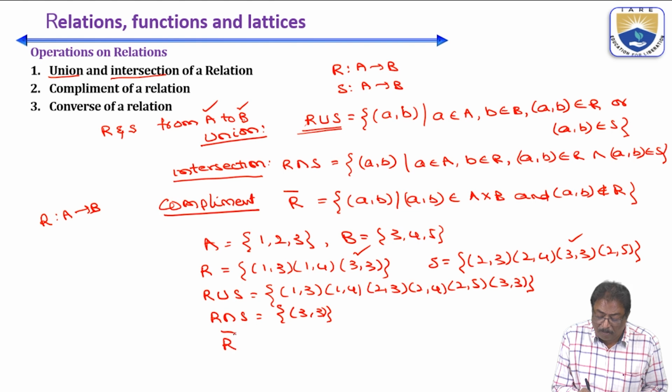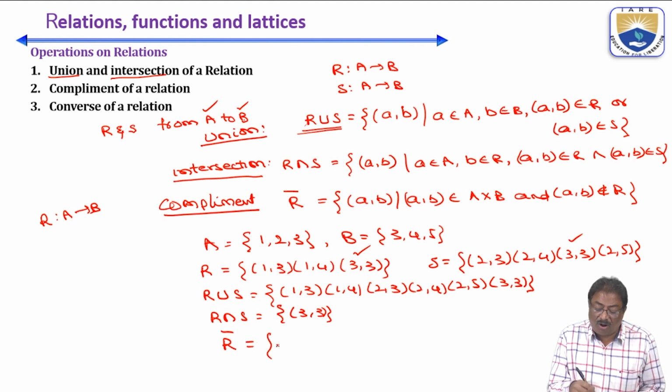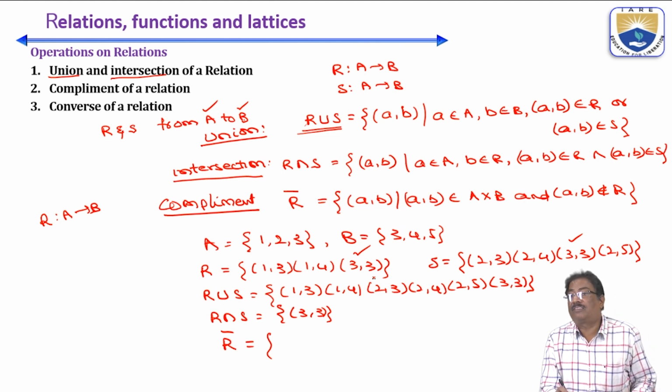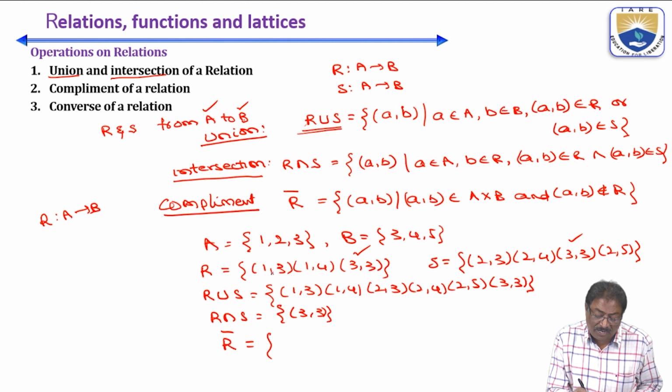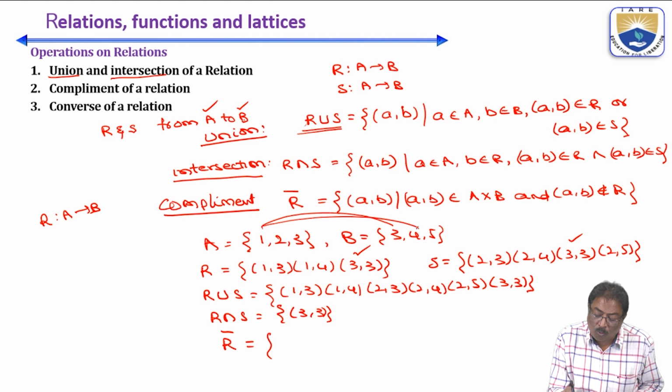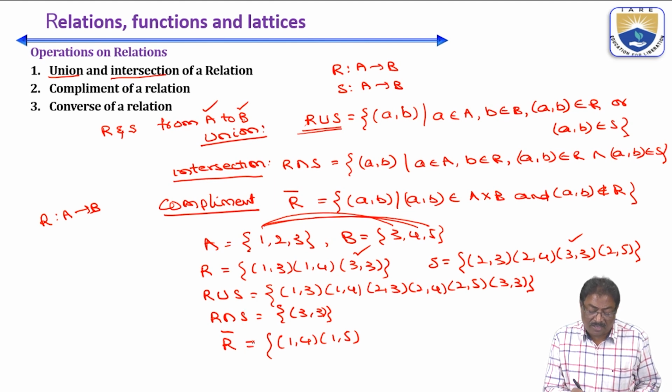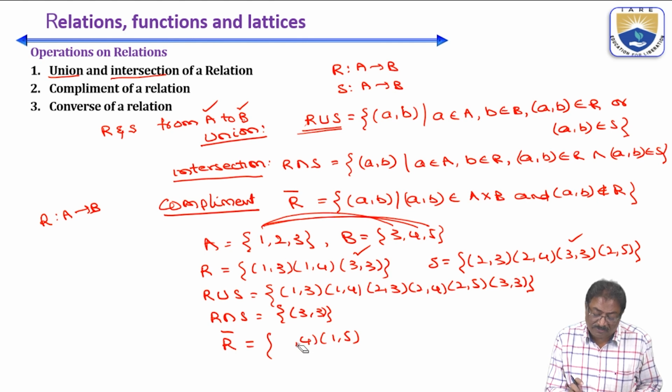Now, what about R complement? It is the set of all ordered pairs which are not in R, but are there in A cross B. See here, A cross B has (1, 3), (1, 4), (1, 5). (1, 3) is there in R, so we do not consider it. (1, 4) is also there in R, so this is also not considered.